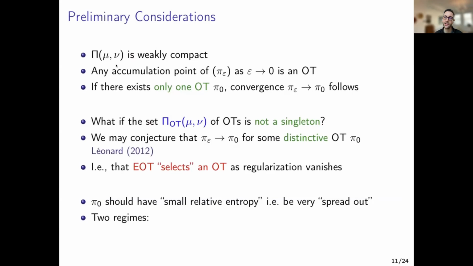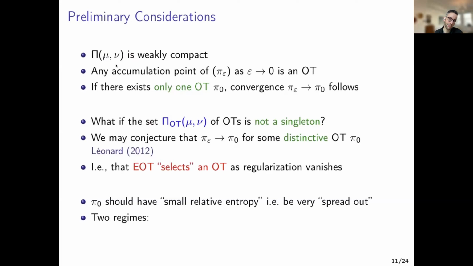Then you can think, one way to pick one is to introduce entropic regularization, send the epsilon parameter to 0. Hopefully this would pick a very particular optimal transport, which is somehow nice. In my mind, this is very vaguely similar to the vanishing viscosity method in PDE theory, where you have maybe multiple solutions of an equation, then you add epsilon Brownian motion or epsilon Laplacian, send epsilon to 0, and you recover a very particular solution, the so-called viscosity solution.